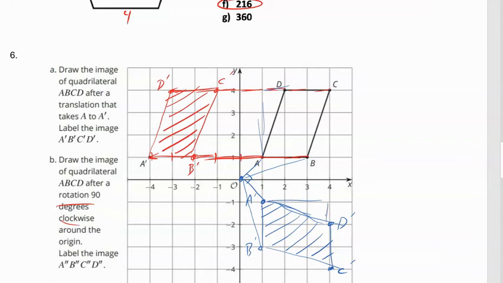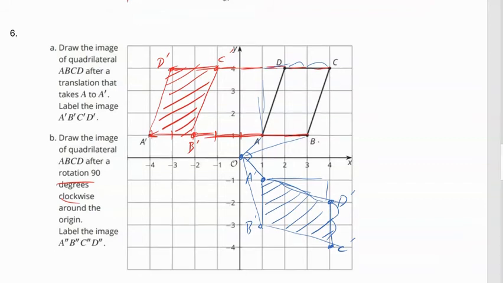And then C is just going to be, instead of 2 to the right, 2 below D prime. So that's how I was able to finish the rest. You could do the 90 degrees from the center of rotation as well. It's another way you could do it. But if you remember that rigid transformations preserve distance, then you will be able to map your image to where it belongs.